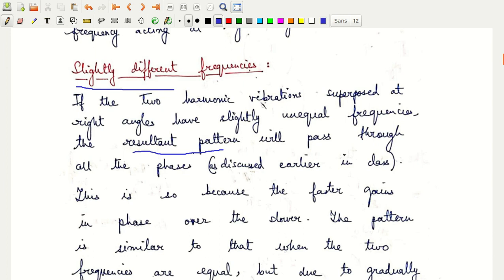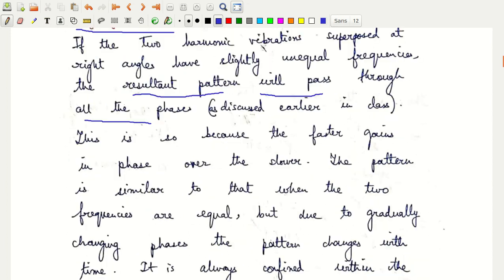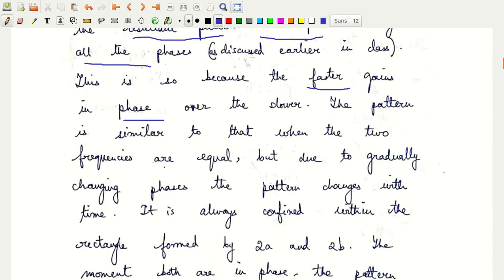Now if the two frequencies are slightly unequal, then the resultant pattern will pass through all the phases which we have discussed earlier. Why? Because the faster will gain in phase over the slower, and the pattern will be similar to the previous case when the two frequencies are equal.